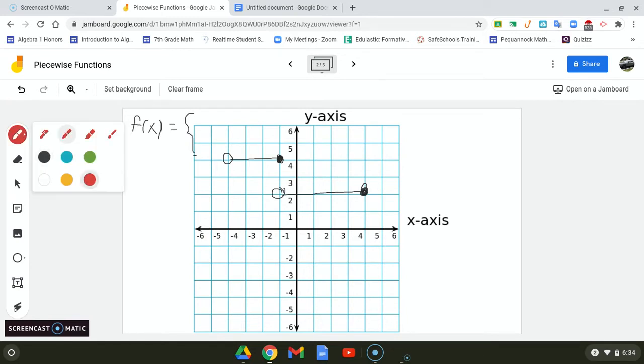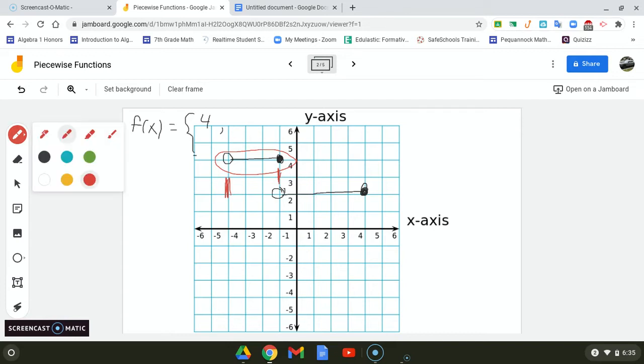For the red piece over here, we know f of x, or y, is always equal to 4 for this entire function. So we can write that f of x is equal to 4. Now, it's only equal to 4 in this area, between here and here. That's the important part. That's what we really have to identify.